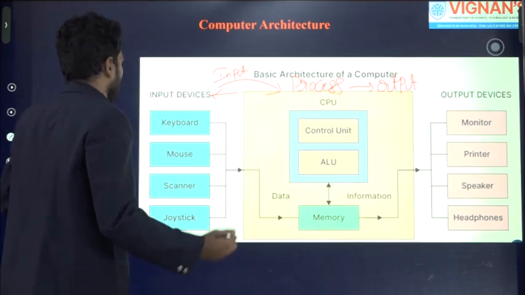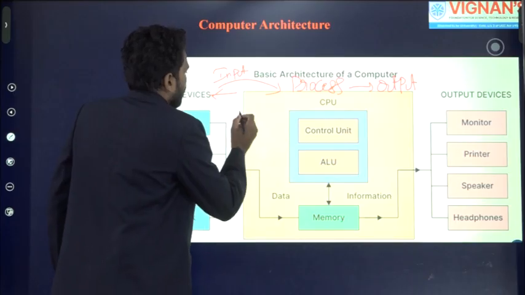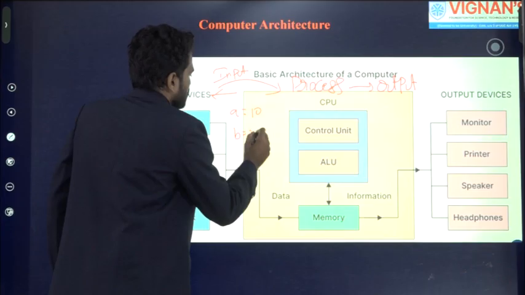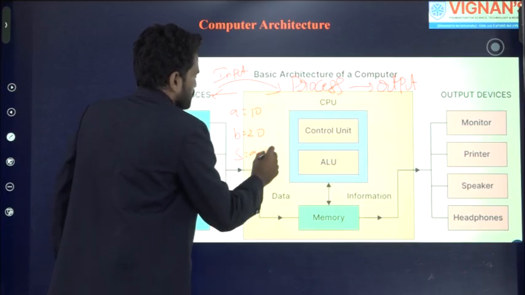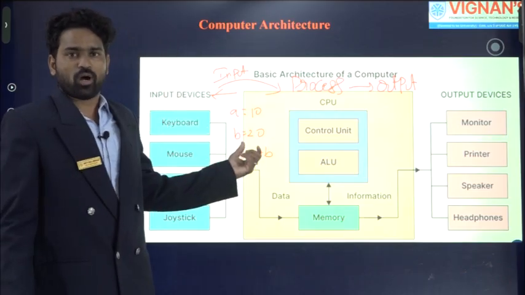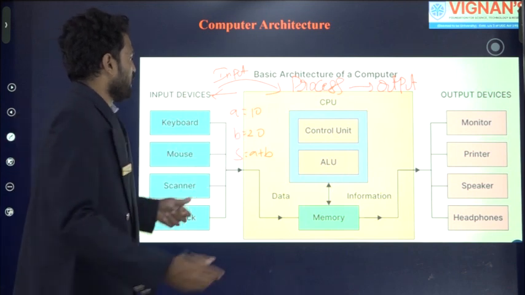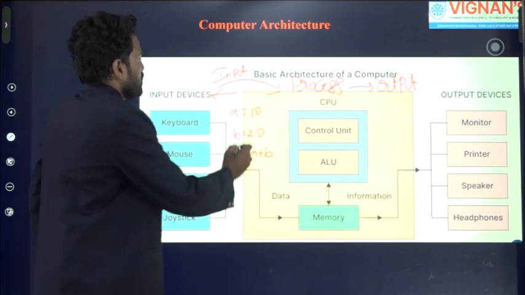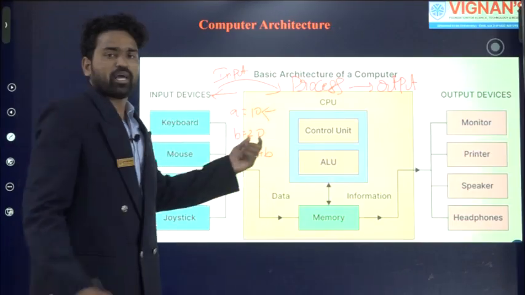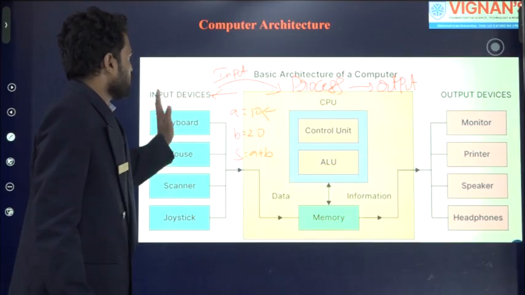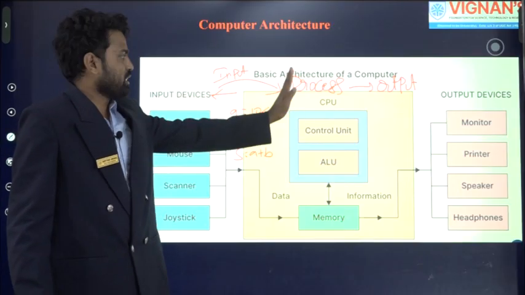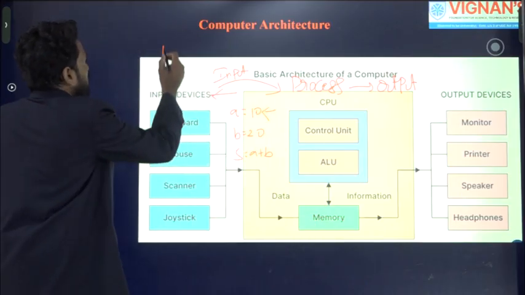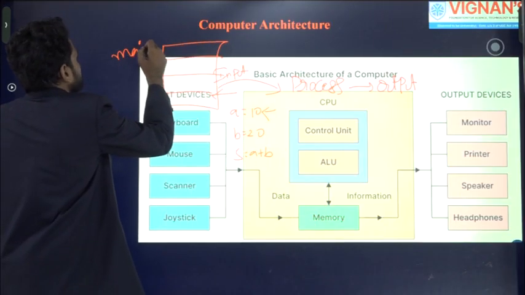So we will show one example here. For example, if we have taken input as A equal to 10, B equal to 20, S equal to A plus B. Here we have declared two variables, A equal to 10, B equal to 20, S equal to A plus B. We have allocated the value 10 for A. We have passed this input to the CPU, and here we have a memory, which is my main memory.